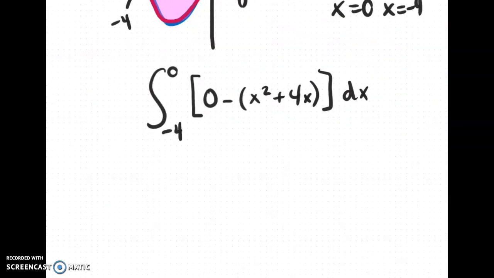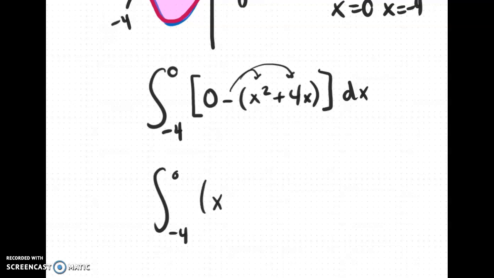And so now I'm doing some algebra here. When I take a 0 minus, I have to distribute this negative out. And so I'll get negative x squared minus 4x dx.